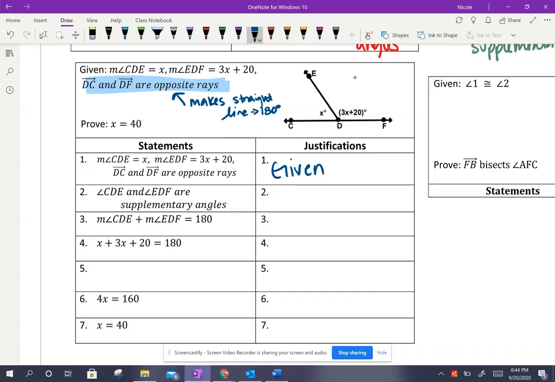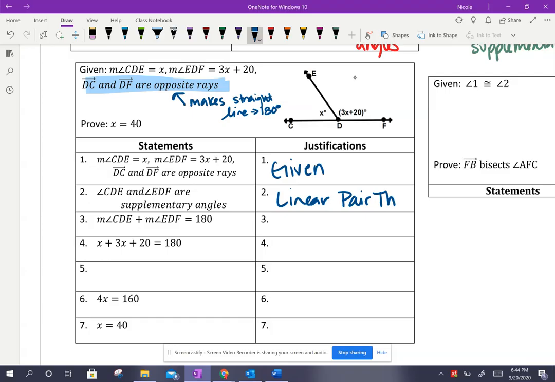So because I know this is on a straight line, and because I can see they are adjacent, I can tell that angle CDE and angle EDF are supplementary. Sorry, I don't know why I'm writing that there. That angle CDE and EDF are supplementary angles because of the linear pair theorem.